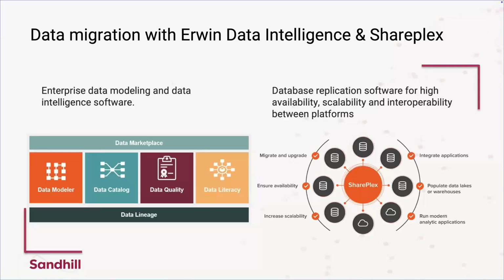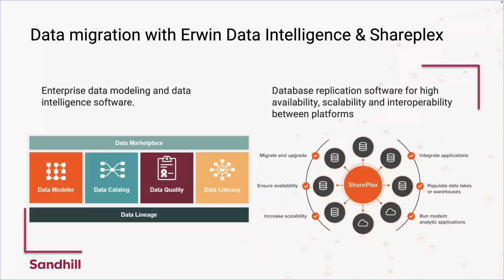So we've been talking a lot about the Erwin data intelligence and the data modeling, which has the built-in data quality and the catalog and the data literacy, which is equivalent to like a glossary. But then there's the actual hard, heavy part of moving the data, shifting it over, and that's what the SharePlex product does.